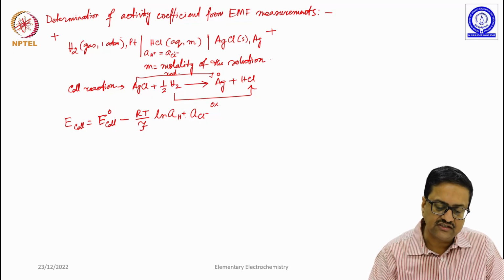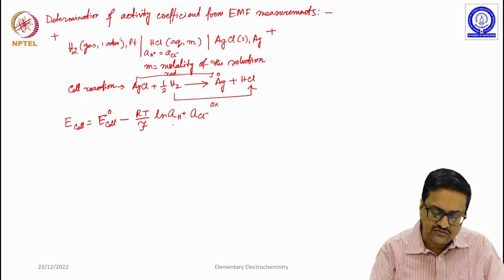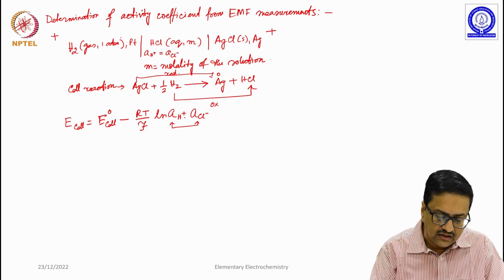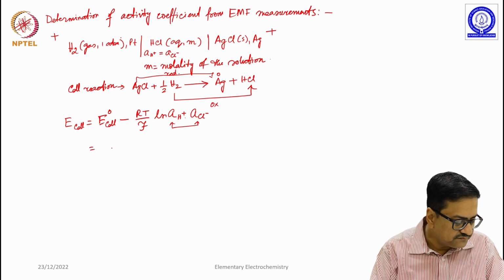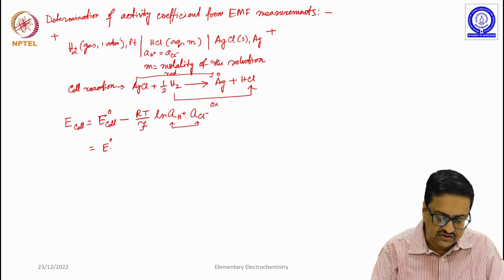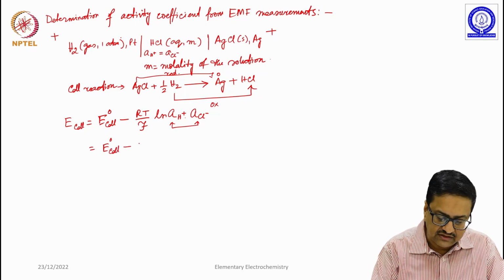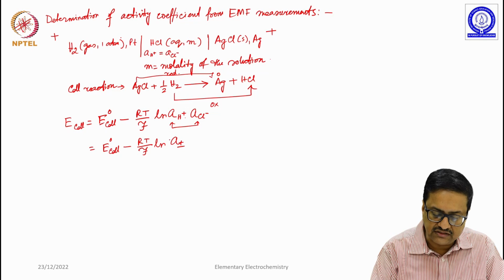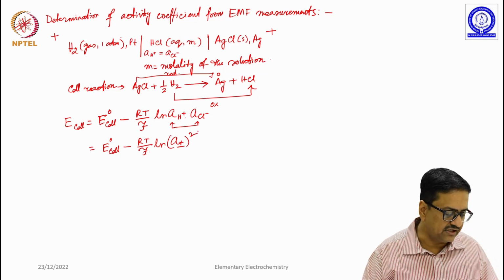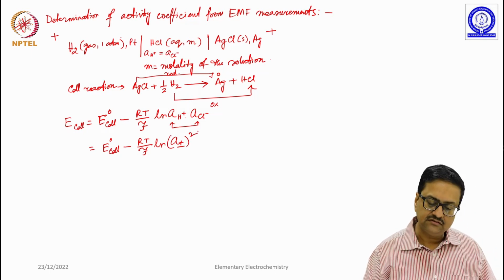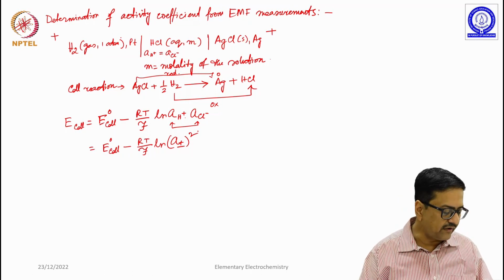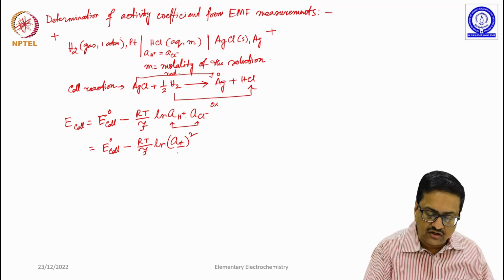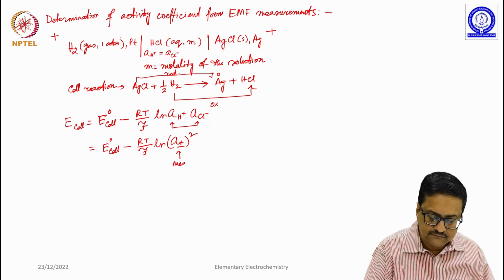So the concentration of HCl is m. As a result, these two are same. So one can easily write that it is equal to E0 cell minus RT by F ln activity of the plus minus, cation and anion together as an average square. This is called the mean ionic activity.